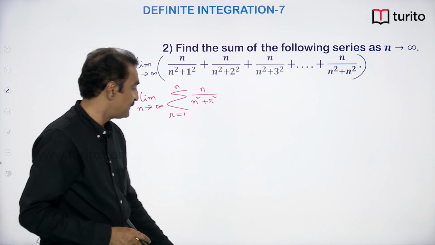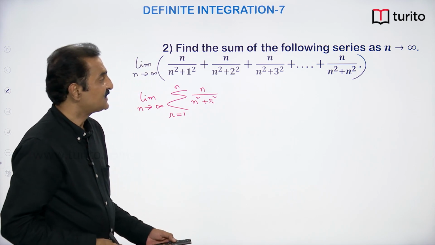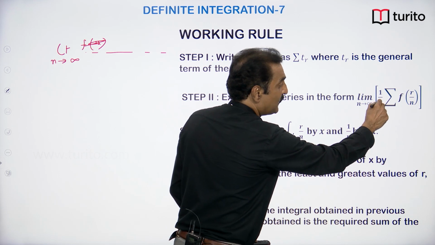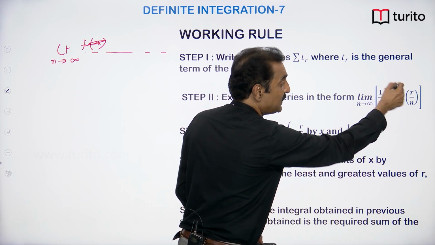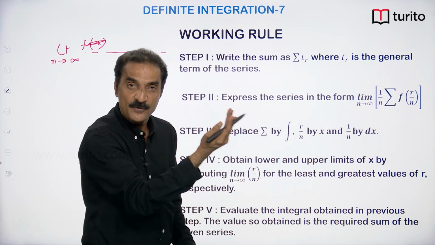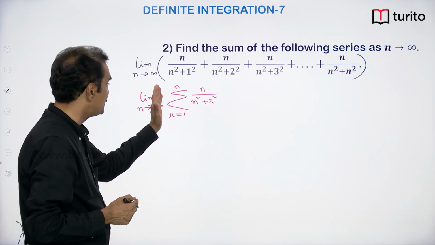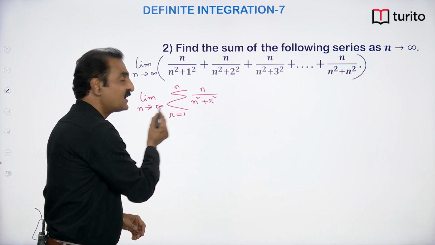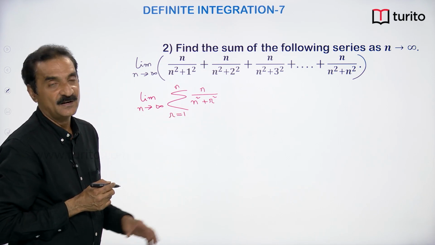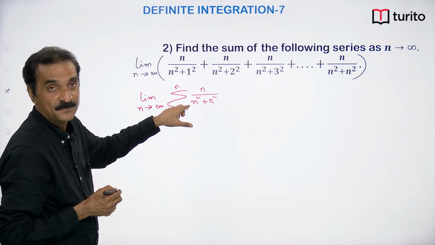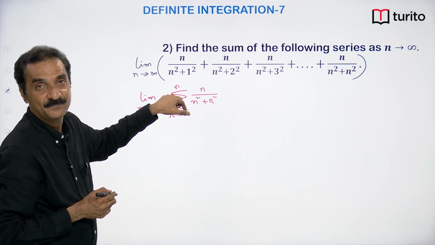What is the second step? Second step, express the series in the form of limit as n tends to infinity 1 by n sigma f of r by n. So we have to take out 1 by n. How to get 1 by n outside sigma? Taking n square common from the denominator, 1 n cancels.